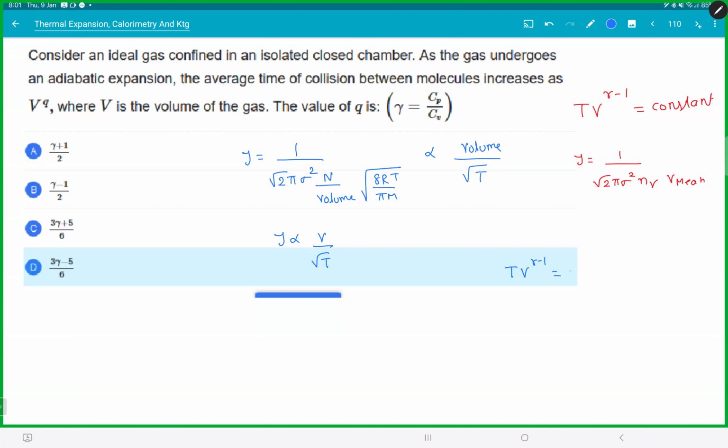T V power gamma minus 1 is constant. And then T is proportional to 1 by V power gamma minus 1. So this is V by root of 1 by V power gamma minus 1. So tau is proportional to V power 1 into V power gamma minus 1 by 2. A power m into A power n is A power m plus n. So V power gamma plus 1 by 2.